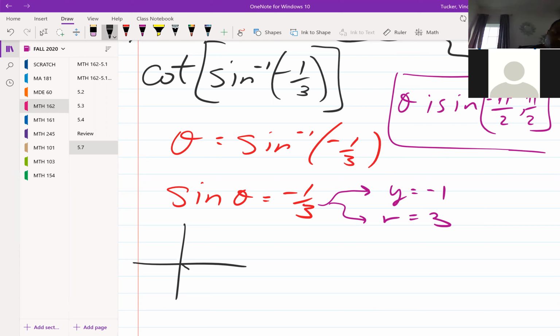So that means theta has to be in your fourth quadrant. And we're talking about negative pi over 2 and pi over 2.